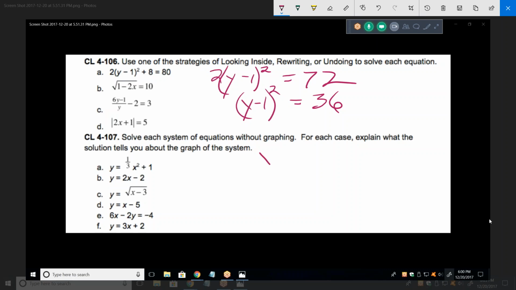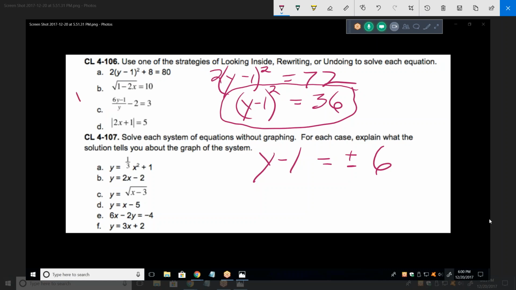Y minus 1 is equal to 6. Everybody goes wrong here. Whenever you are solving an equation by taking the square root of both sides, always, always, always start your answer with the words plus and minus.